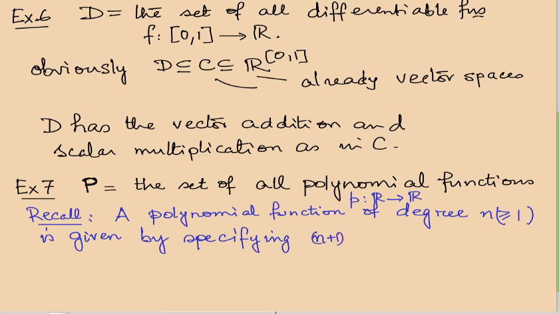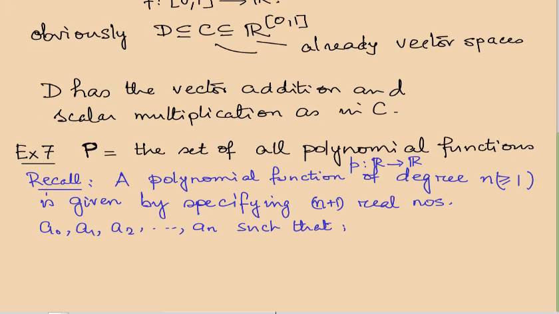n plus 1 real numbers A0, ..., An such that P(x) is the corresponding polynomial for x in R. The numbers are called coefficients.